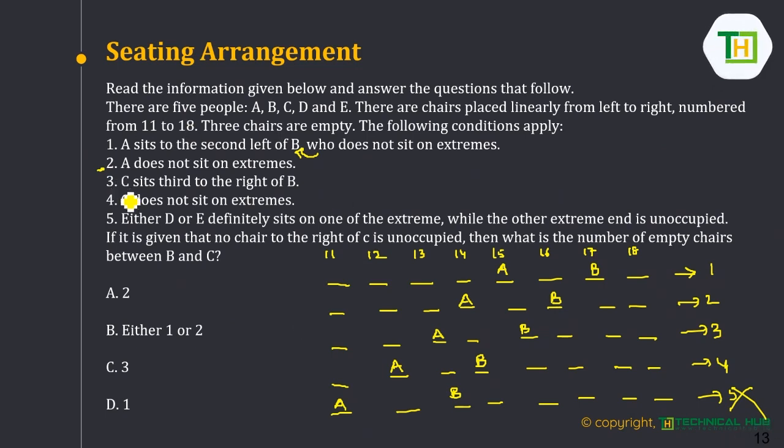Third condition: C sits third to the right of B. So C sits third to the right of B means B is here, first right, second right, third right is C. So the first possible diagram fails, and the second possible diagram also fails. C sits third to the right of B means the third one is correct and the fourth one is also correct.